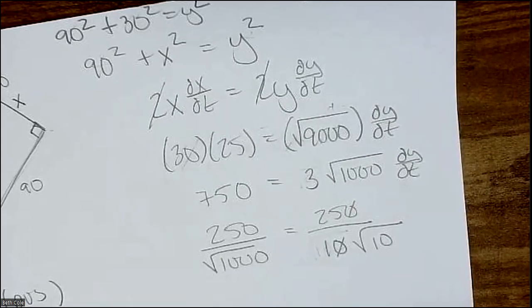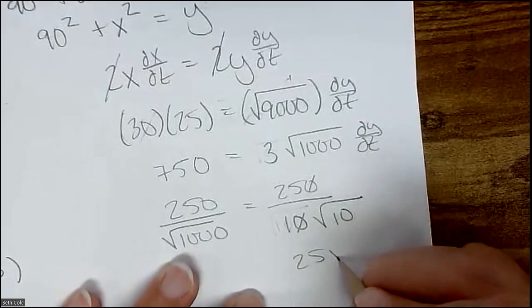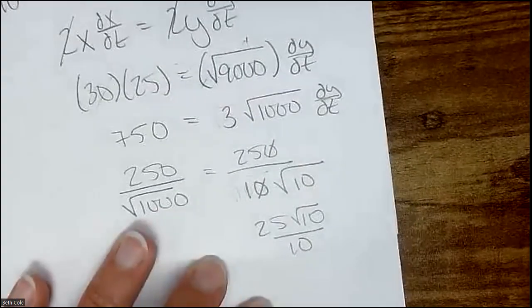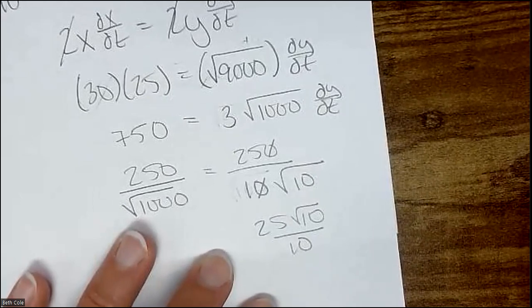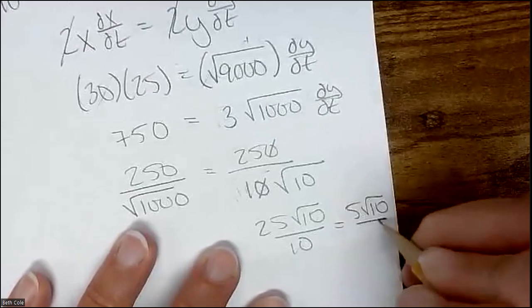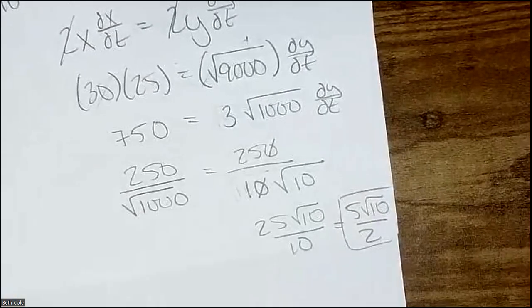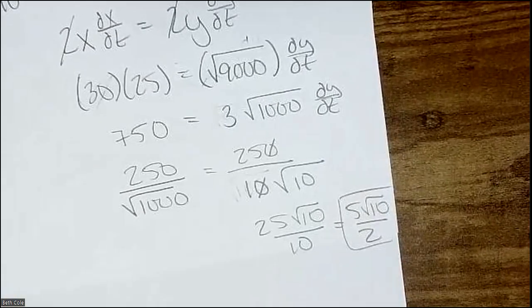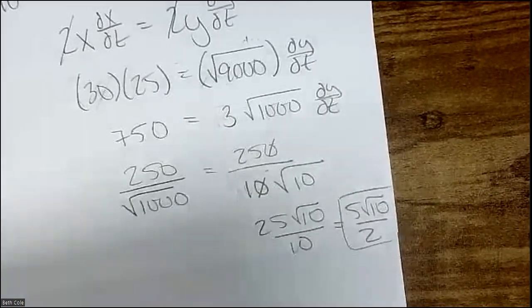No, it'd be 25 over square root of 10, is that? Oh, then they rationalized it. Yeah, it's going to be P, because then they rationalized it. So it would be 25 square root of 10 over 10. They just simplified it literally the entire way down. So 5 square root of 10 over 2. P, as in popsicle. All right, so 3 is P.